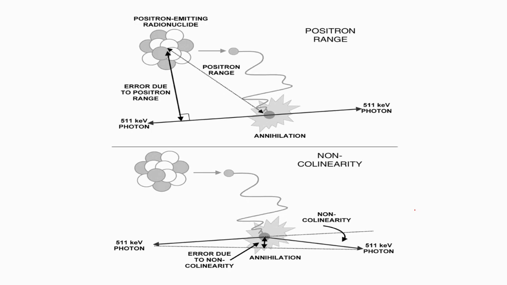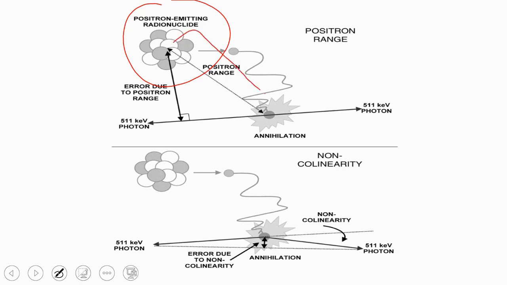Because when you localize the position of the annihilation, the closer the annihilation point is, the better. Look here. This is the radionuclide that emits the positron. See this ring. This distance is the positron range. The closer the annihilation is here, not here.